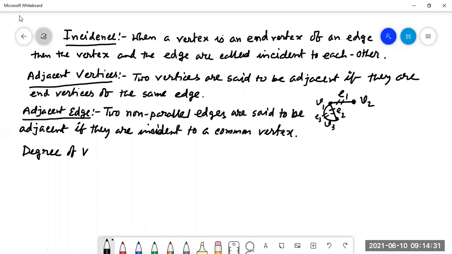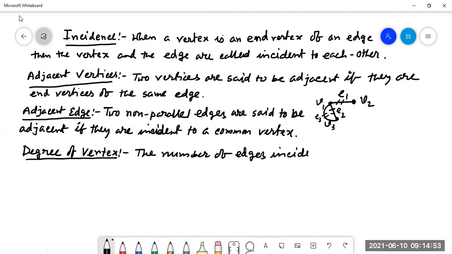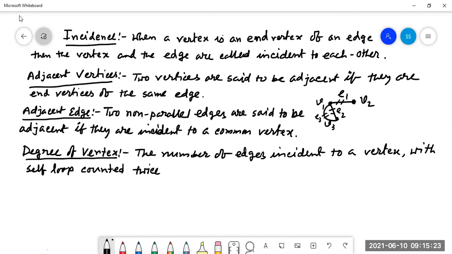Now degree of vertex. The number of edges incident to a vertex, with self loop counted twice, is called the degree of the vertex.